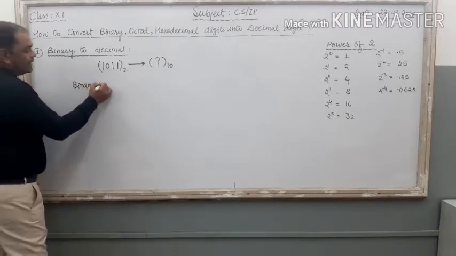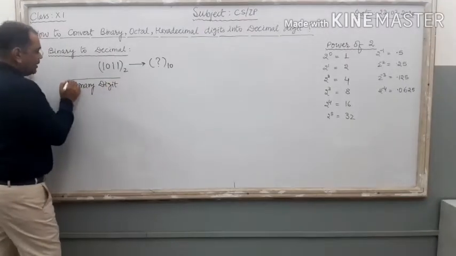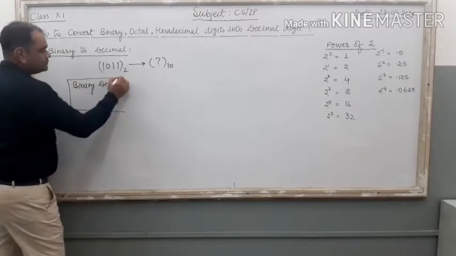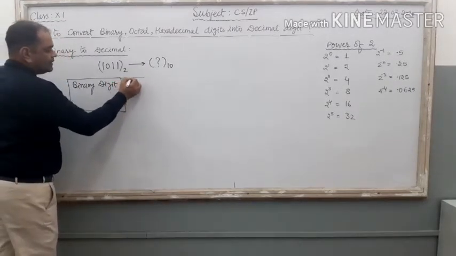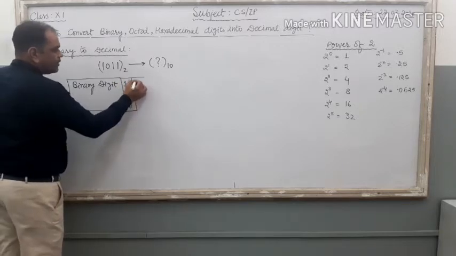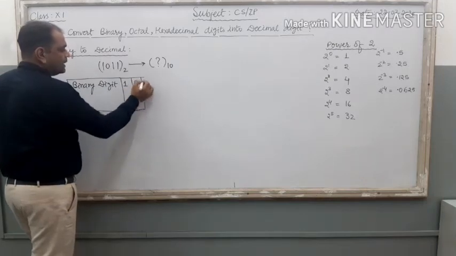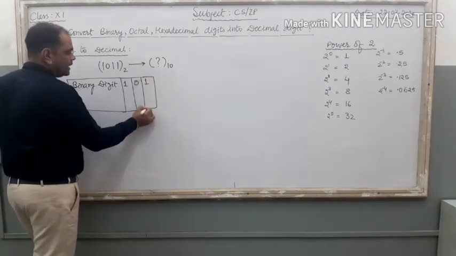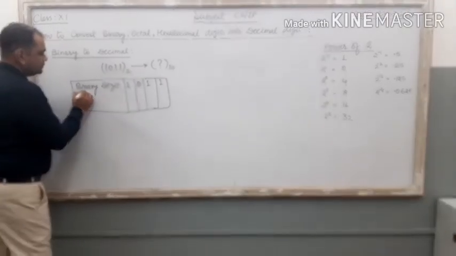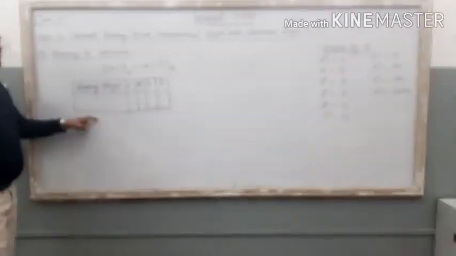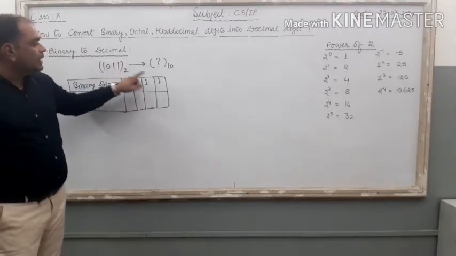Just prepare one table with the row binary digit, and I am going to put the digits in each column: 1, then 0, then 1, then 1. It looks like this. Binary digit 1, then 0, then 1, then 1.